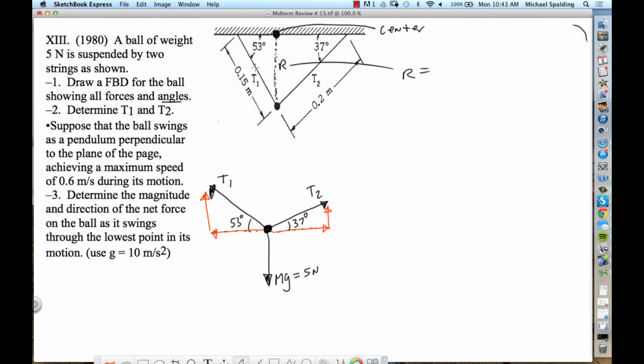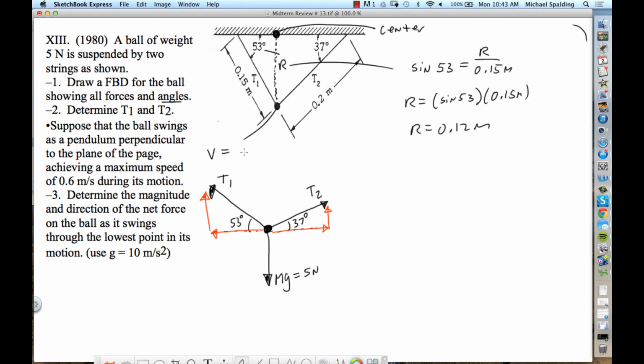So sine of 53: opposite is the radius, and the hypotenuse is 0.15. So the radius is sine 53 times 0.15 meters. The radius of the circular path comes out as 0.12. And we know that the velocity at that lowest point is 0.6 meters per second as it passes through the lowest point.